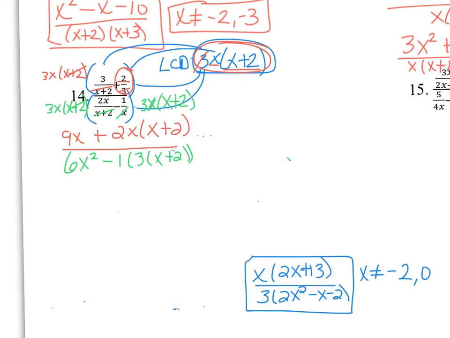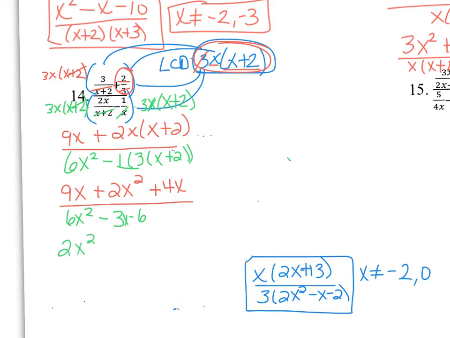So now I'm just going to clean stuff up. If I clean up my numerator, I have 9x plus 2x squared plus 4x, all over 6x squared, and that's going to be minus 3, so negative 3x minus 6. So on the top, I'm left with 2x squared plus 13x, all over 6x squared minus 3x minus 6.